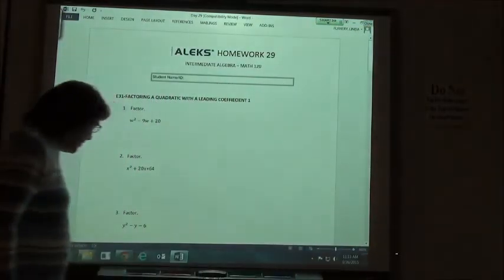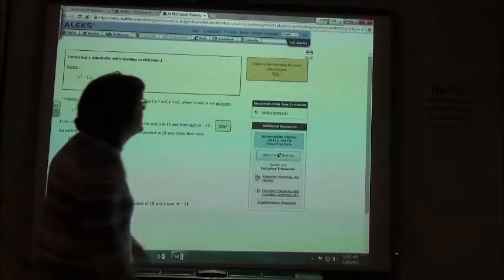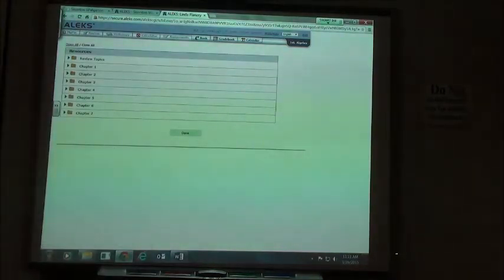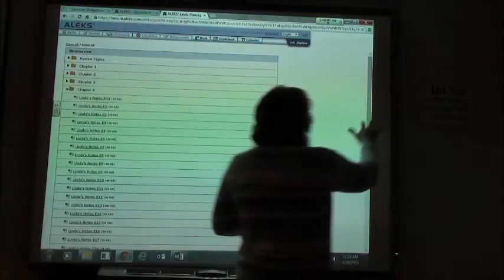The other place that you can get your notes is if you go under the resources. Now if you go under the resources, up there on the top, all of the notes I've uploaded are here by chapter. We're on chapter 4, but they're numbered the same way as your paper. This one said it was E31, so you'd have to go down to E31.